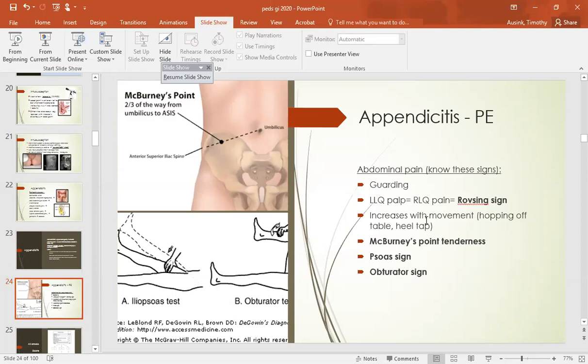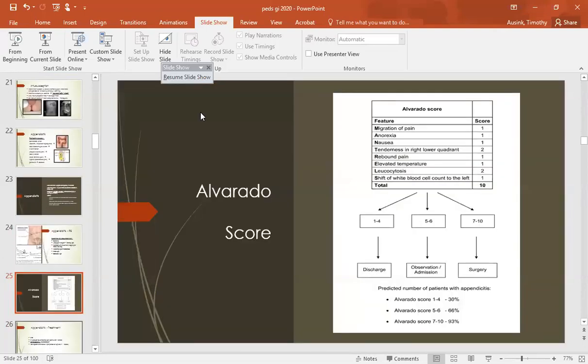Obturator sign is just where you put them in 90 degrees of knee flexion and you internally, externally rotate. They like those signs because they're really testable, so make sure that you understand those signs.